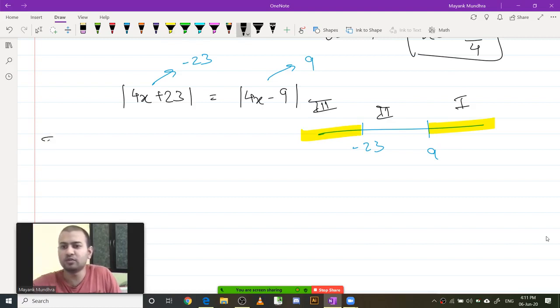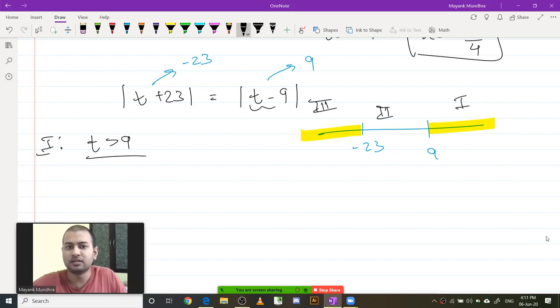Case 1 would be, let me just represent x with t for the time being. So case 1 is t greater than 9. When t is greater than 9, this thing becomes positive and this thing becomes positive.